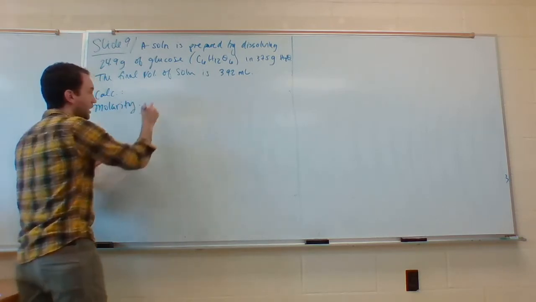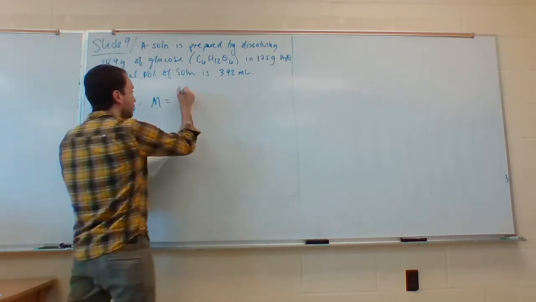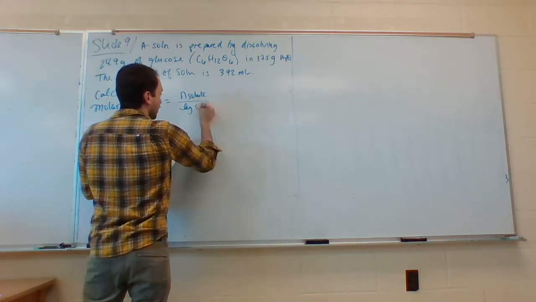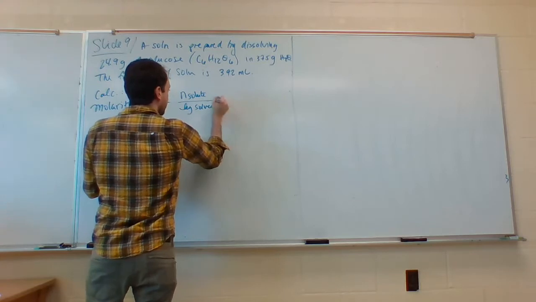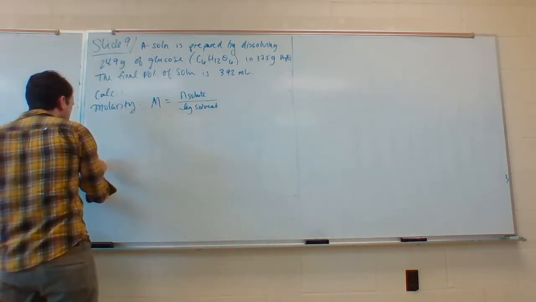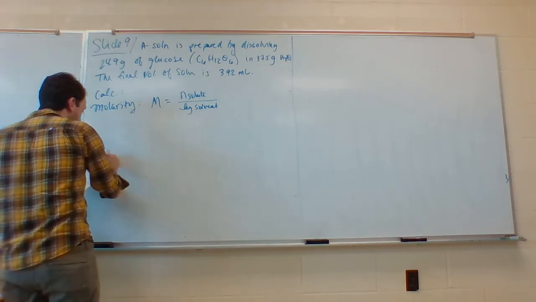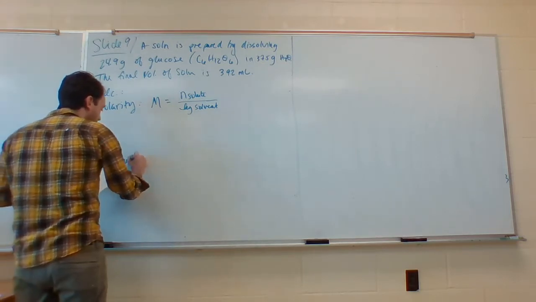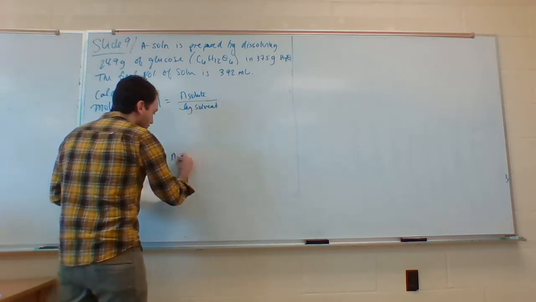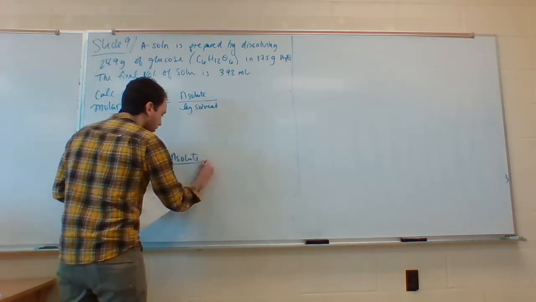Well, the molarity, M, was equal to moles of solute per kilogram of solvent. I'm also going to want you to calculate your molality. Your molality, little m, was equal to the moles of solute.